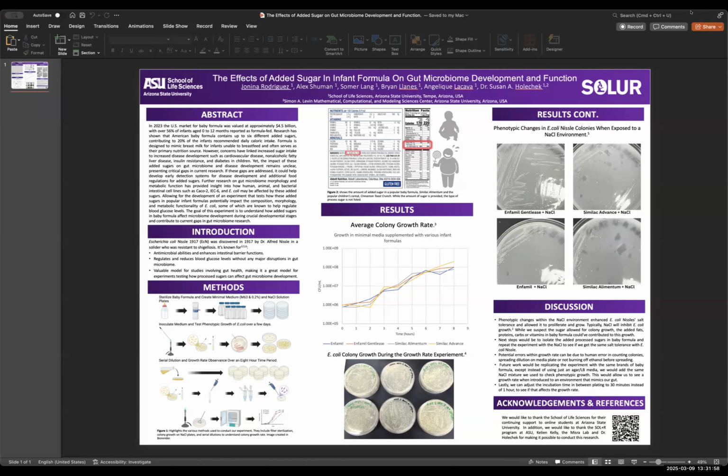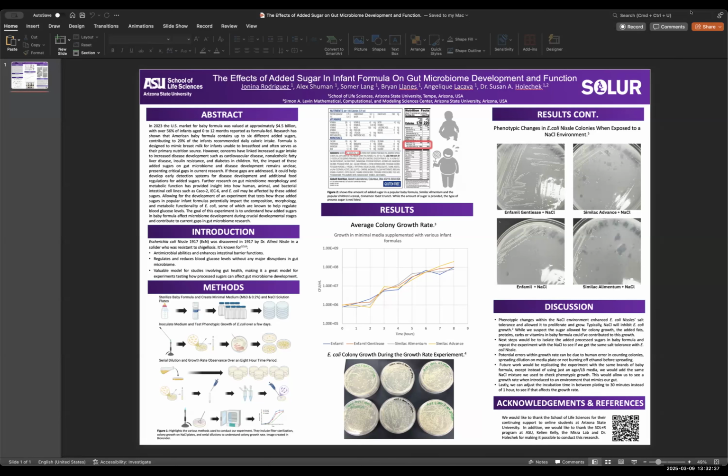So for those of you that don't know, I am currently studying how processed sugars in US infant formula are affecting infant and toddler development to where they are developing diseases early on in age that will eventually also influence other diseases later in life as an adult, such as colon cancer, ovarian cancer, type 2 diabetes, Alzheimer's, ADHD, autism, anything that's related to the gut, and how the processed sugars either speed up or slow down those processes.